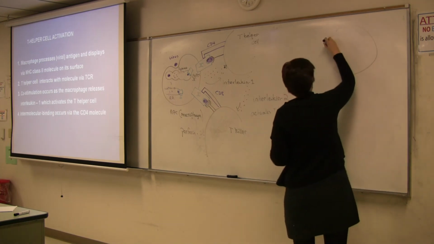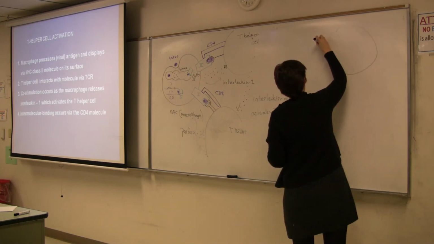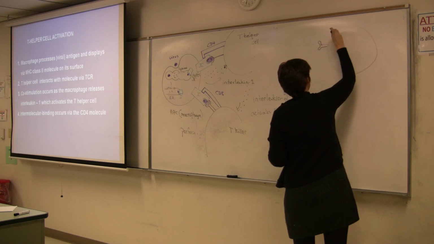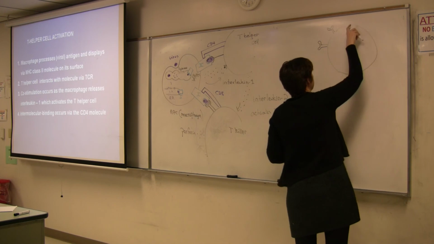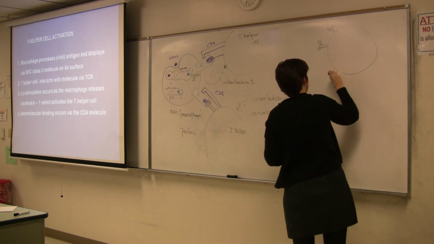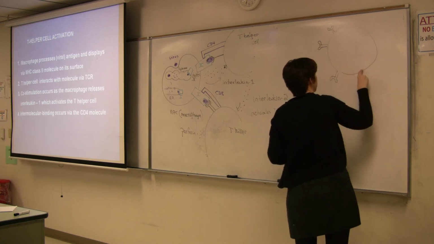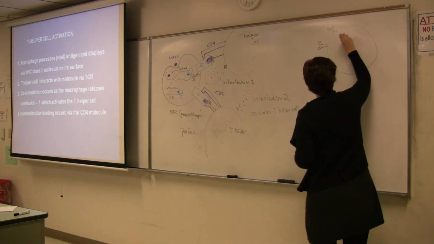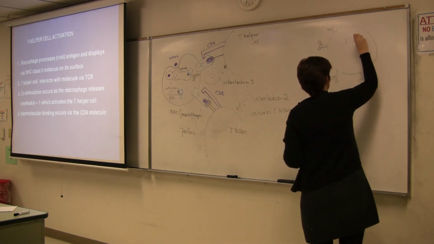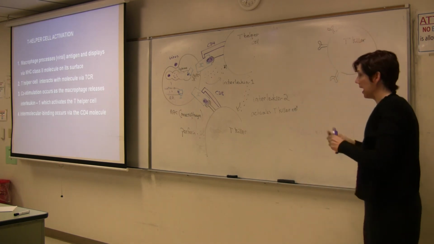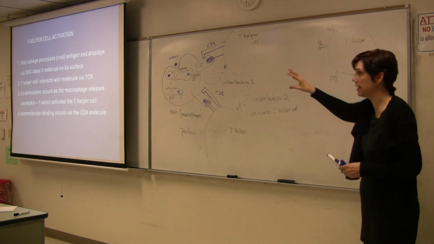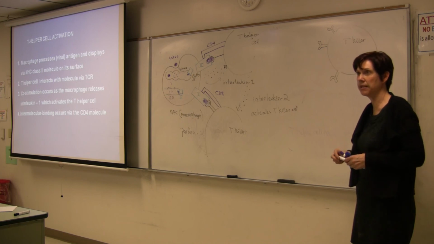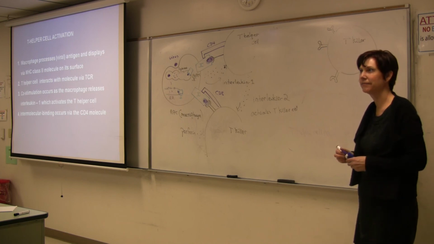It has the T cell receptor on its surface, just like this one did, that recognizes that same epitope of the antigen. Now let's say that it comes in contact with just a regular body cell that was infected by that virus.